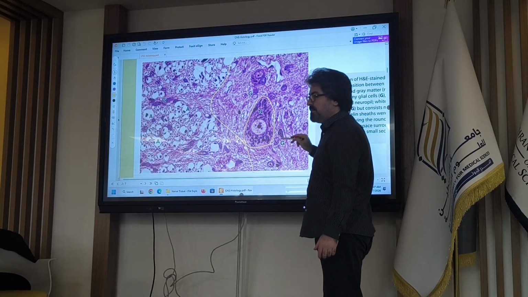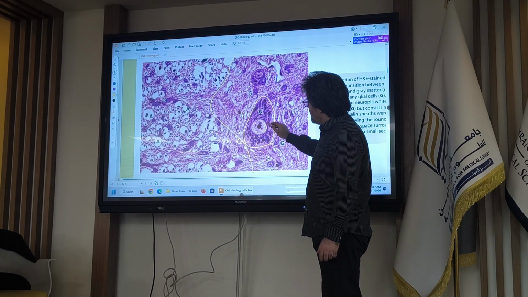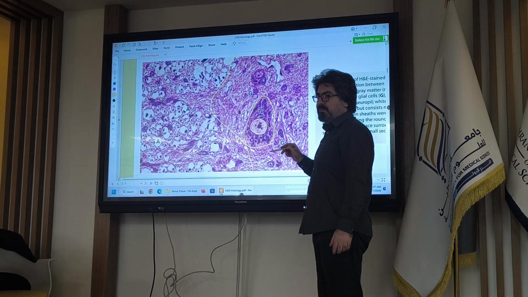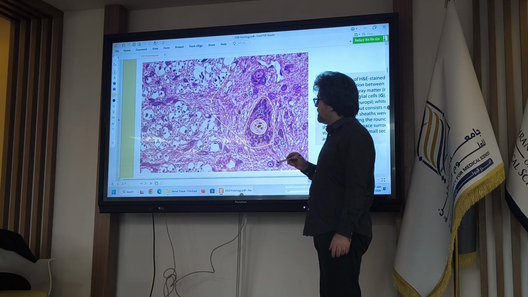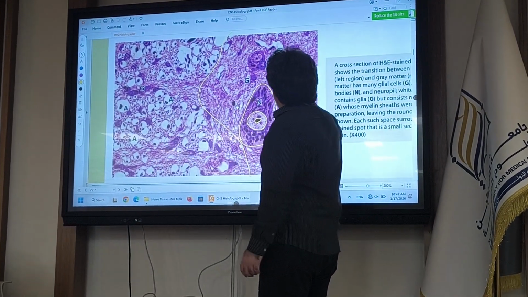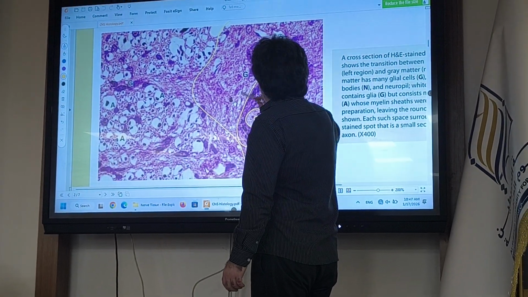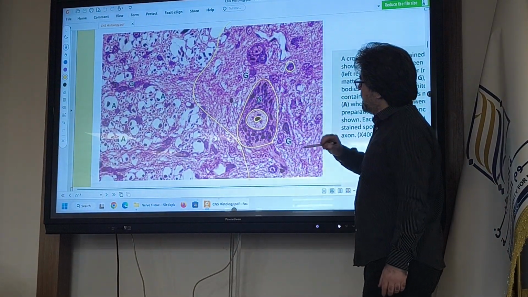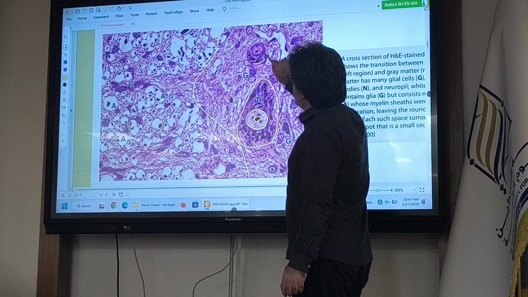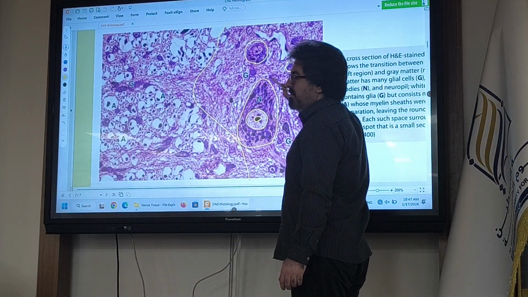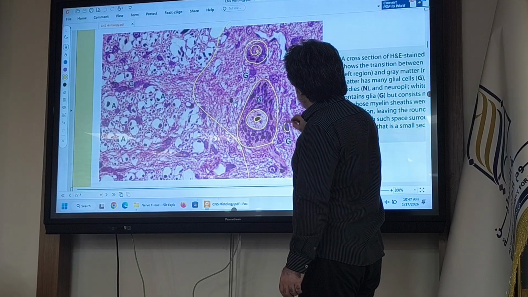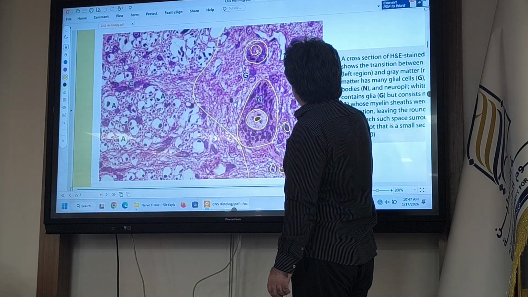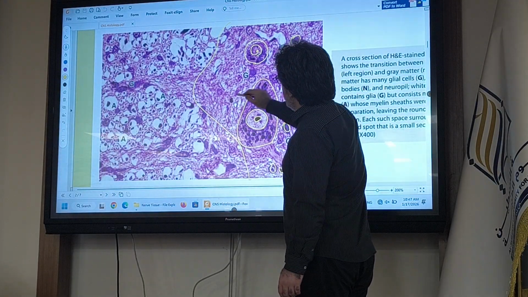This is a neuron, and here is the nucleus, and this is a glial cell. Another, smaller neuron is located here with its nucleus, and you can see several glial cells.